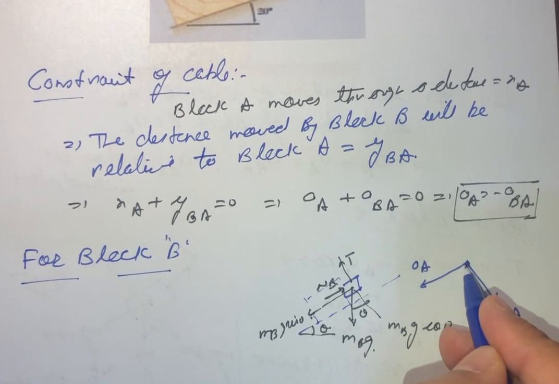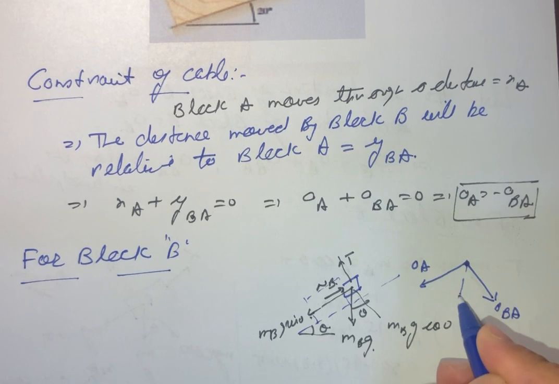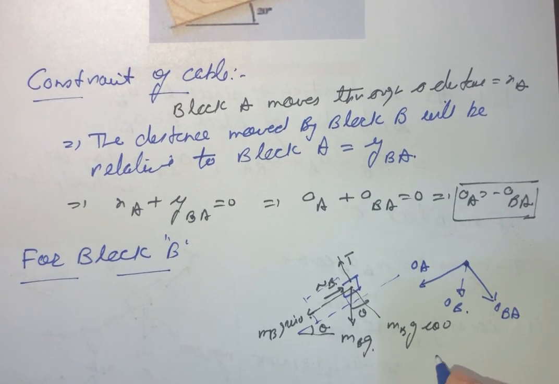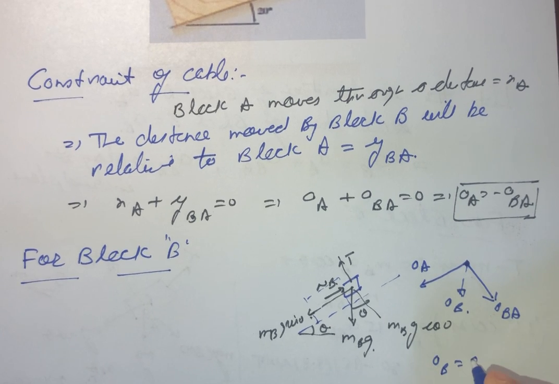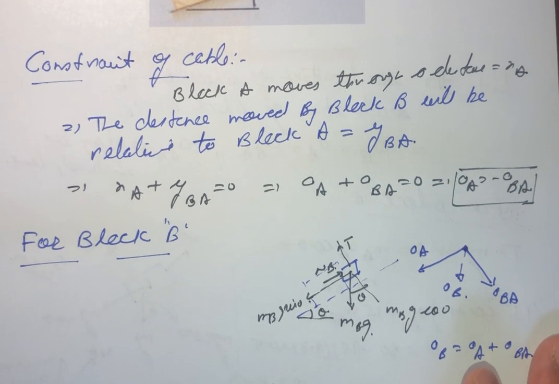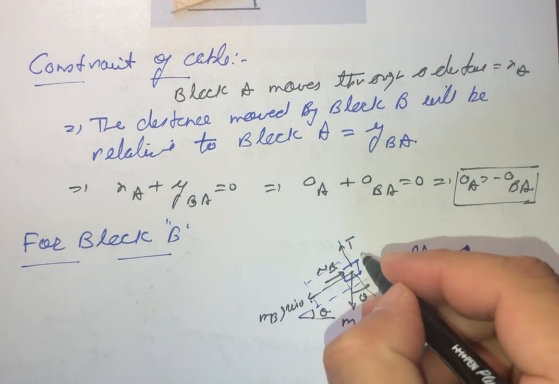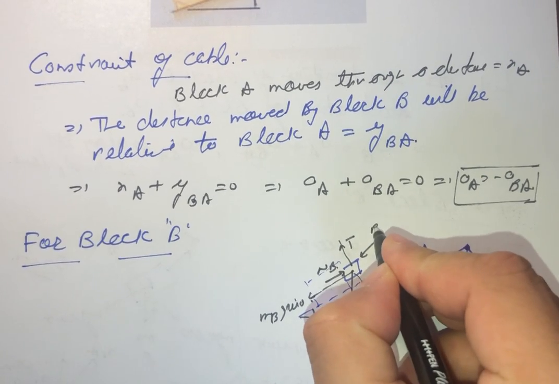So the net acceleration will be aB, and from here aB is equal to acceleration of A plus acceleration of BA.